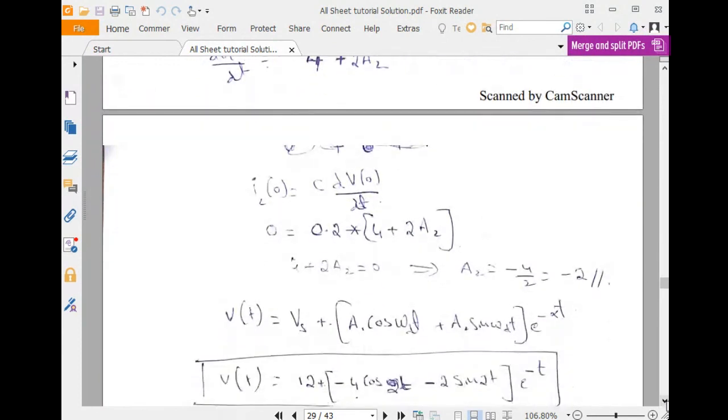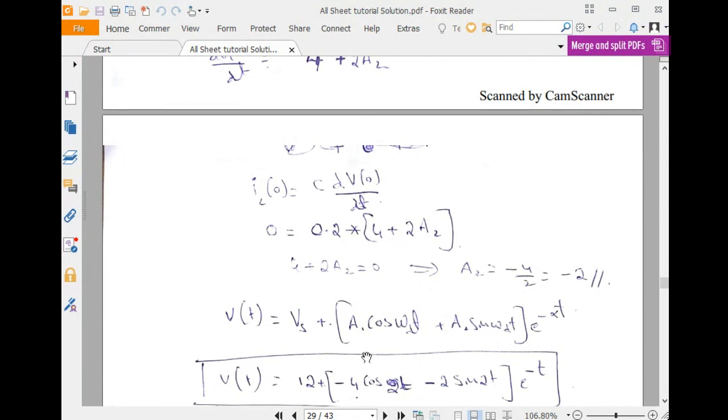Now IL of 0 equals C dv of 0 by dt. Substitute the value of v and dv of 0 by dt, you will get A2 from this. IL of 0 is 0, found at the first.